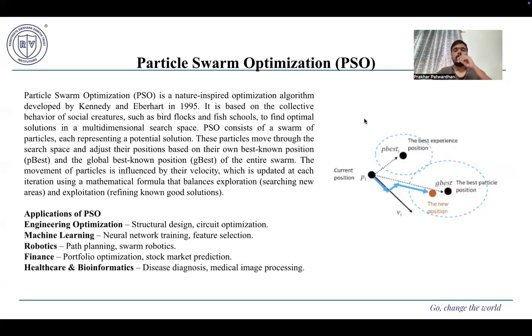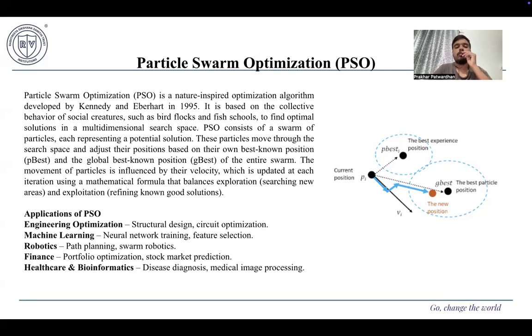Second is particle swarm optimization. Particle swarm optimization is a nature-inspired optimization algorithm developed by Kennedy and Eberhart in 1995. It is based on the collective behavior of social creatures such as bird flocks and fish schools. To find optimal solutions in a multi-dimensional search space, PSO consists of a swarm of particles, each representing a potential solution.